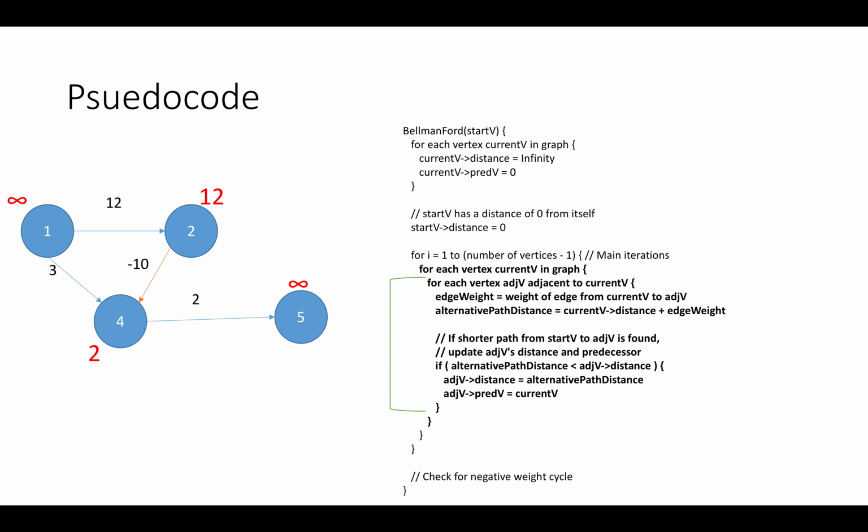After we've lowered that cost, we move on to the next node in the list, which is going to be node 4. And from node 4, we can update the total weight to get from node 1 to node 5 via node 2 and node 4, which gives us a total weight of 4 overall.